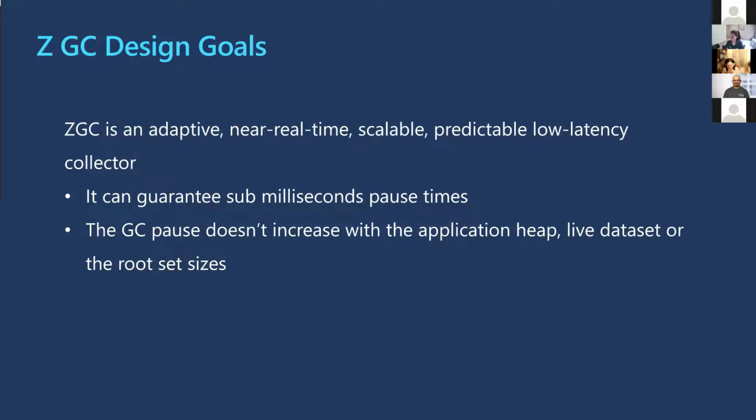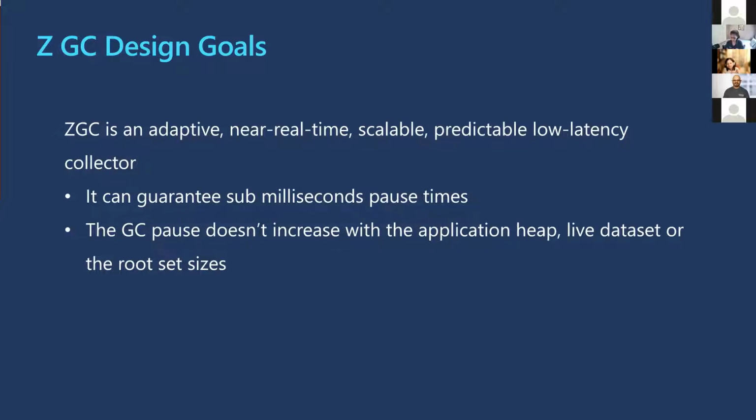So what does that mean to the end user? Basically, your GC pauses will not increase. Doesn't matter if your application heap size is different or is larger, if your live data set is different or larger, or if the root set size is really, really big, okay? So it doesn't matter.